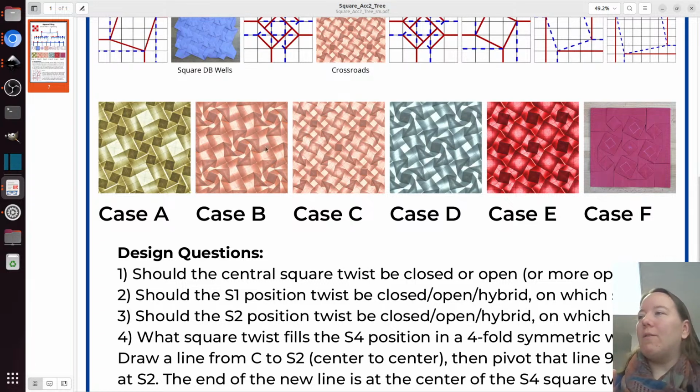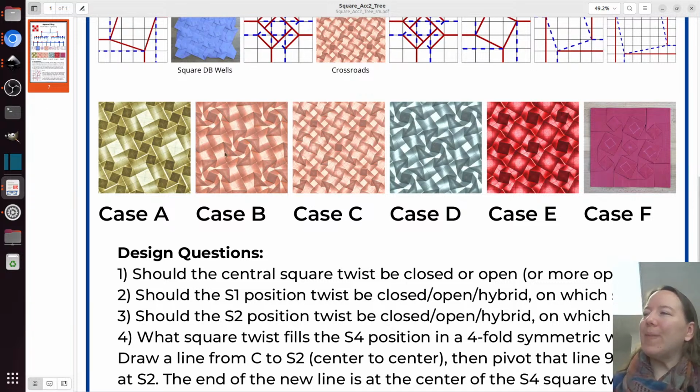If the first twist, or sorry, the second choice, the asymmetric position, is a hybrid twist, then this is actually functioning as a modification of an alternating pattern, which is really weird.